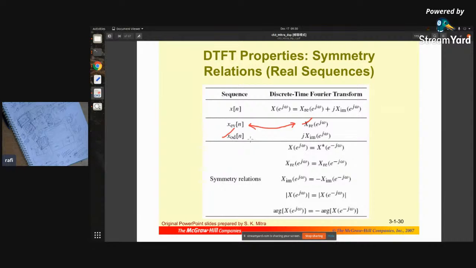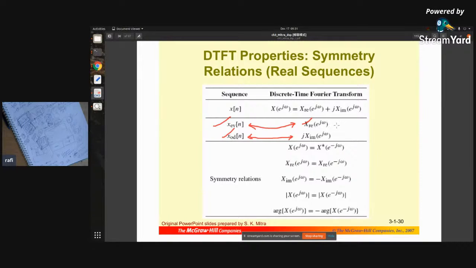Now if x of n is odd, only the imaginary term remains and the real term will go to 0, and this will be purely imaginary. So that is the symmetry, even symmetry and odd symmetry. If x of n is even symmetric, that means it is an even function of n, the Fourier transform will be purely real.